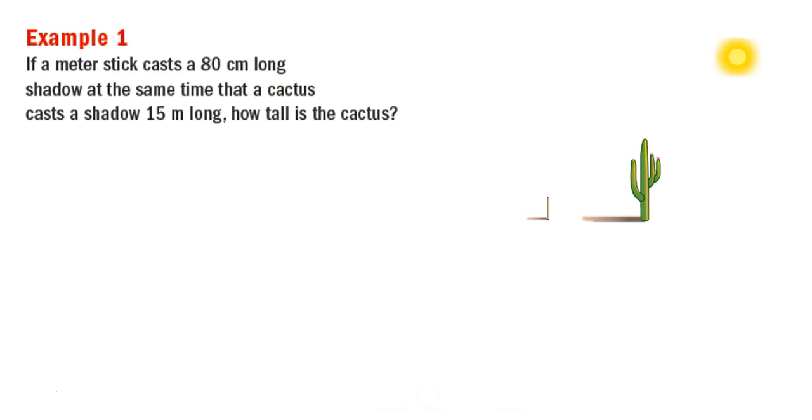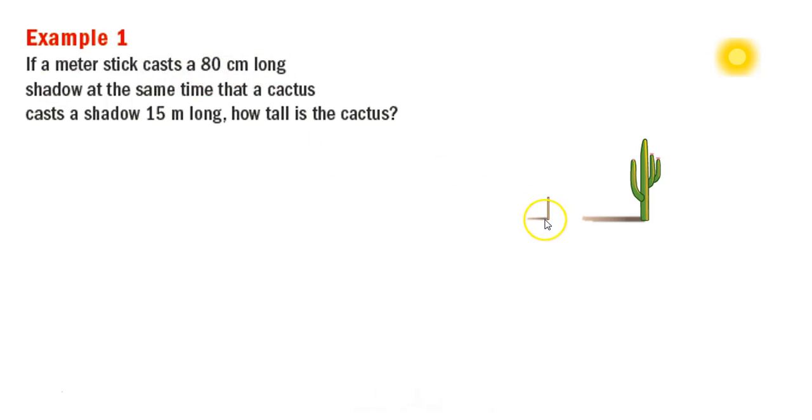A couple of examples that illustrate this a little bit. The first one is the classic sun shining and forming a shadow with a cactus and a meter stick. Usually it's a flagpole and a person. We've seen all sorts of stuff like this before. Let's say a meter stick casts an 80 centimeter long shadow.